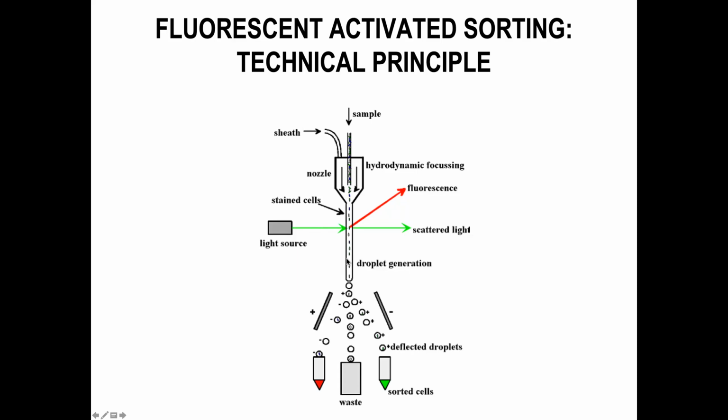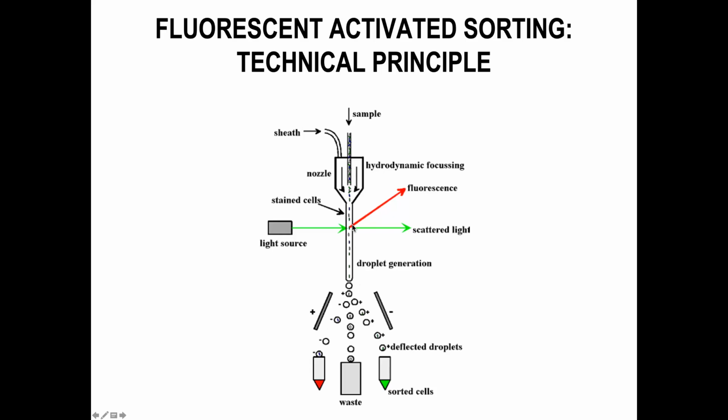So now you can give the computer and the instrument the command to deflect everything by adding a charge here. The red vesicles would be negatively charged. The green vesicles, for instance, would be positively charged here at the end. And then you have an electric field that is generated by two electrodes, a plus and a minus electrode.